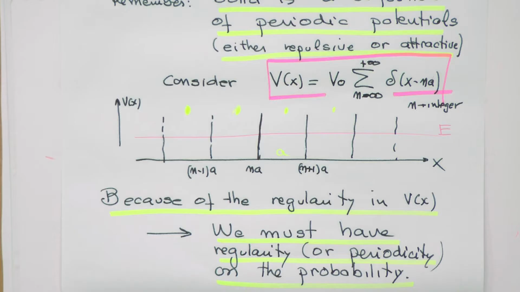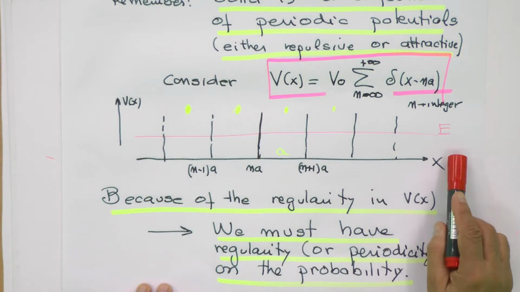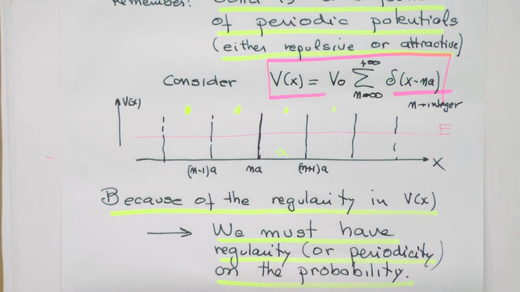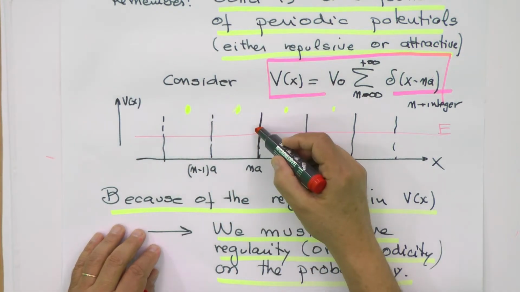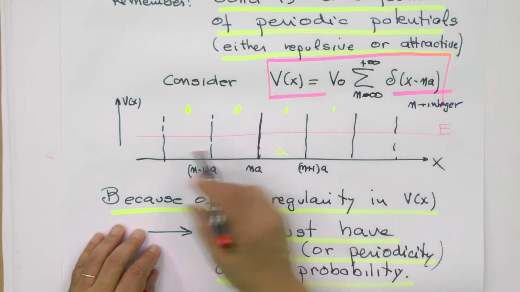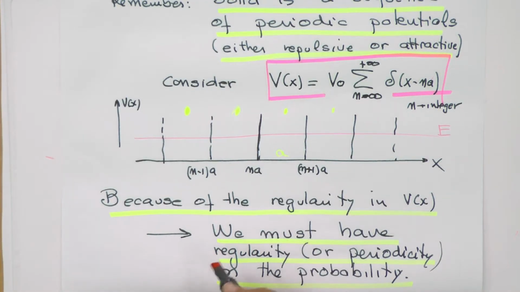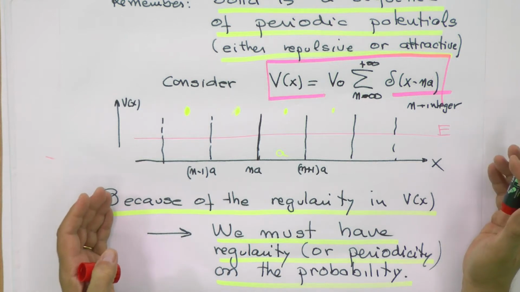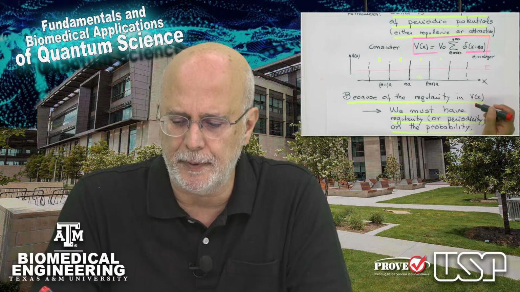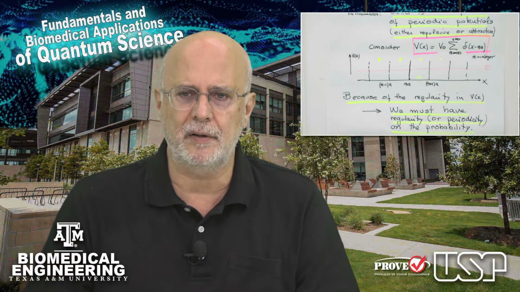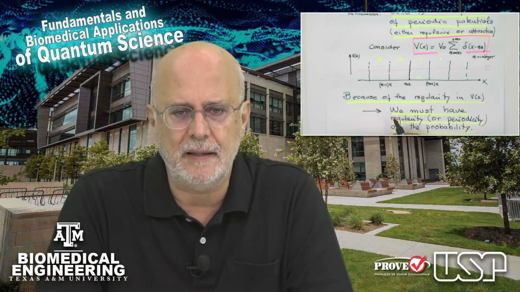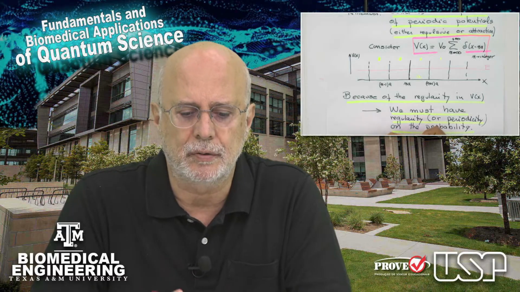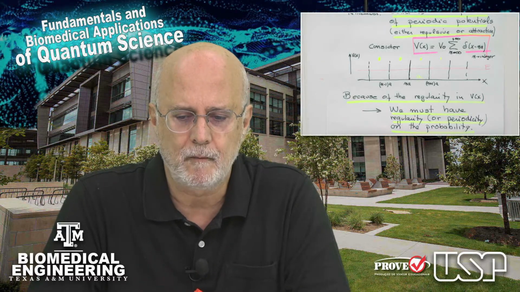So not only the potential has a regularity of spacing A, but also the wave function will have the equivalent regularity. If I have a bump of probability here, I must have a bump here, and here. I must have a bump everywhere, because any position like this is equivalent. So the regularity in the potential shows up in the regularity of the wave function. And that is a condition that we must consider in solving this problem.